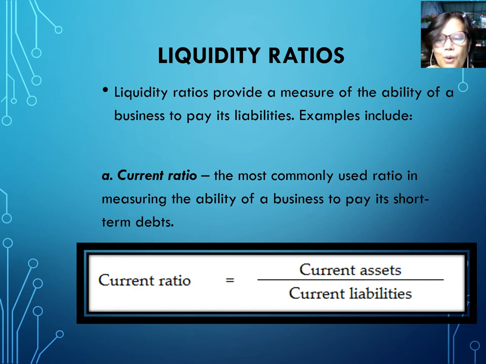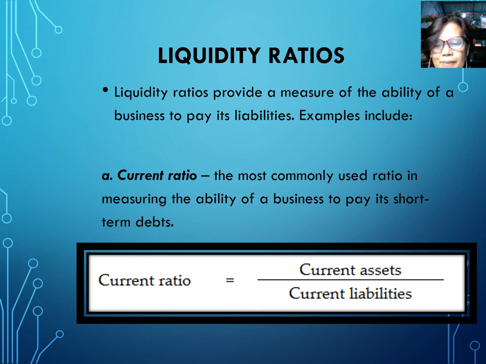So what are the components of the current assets? We have cash on hand, cash in bank, petty cash fund, working change fund. Then, accounts receivable, marketable securities, and inventories. Okay, so yun ang mga current assets. How about the current liabilities?